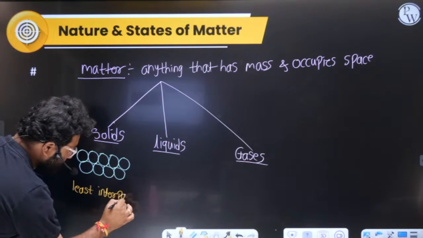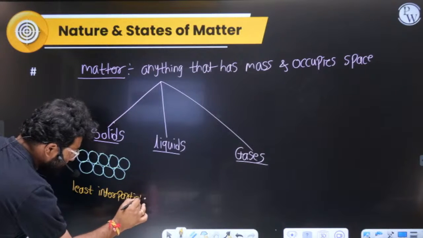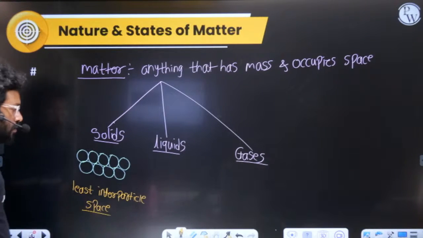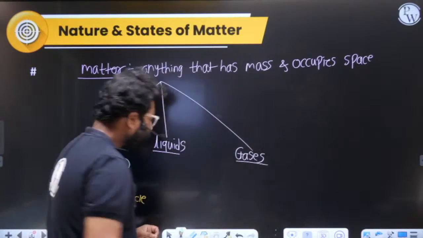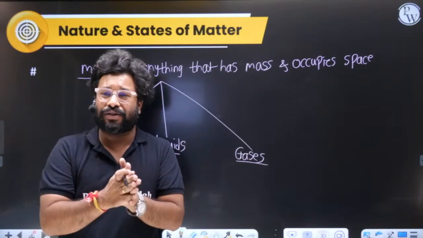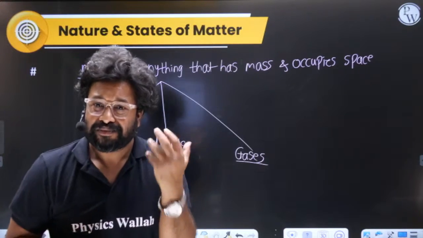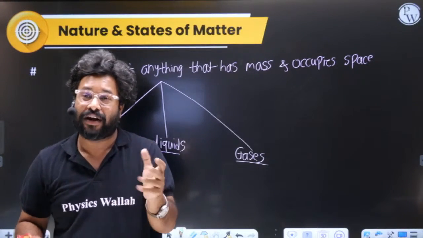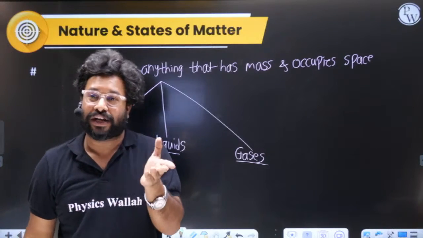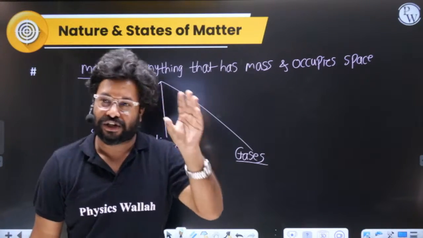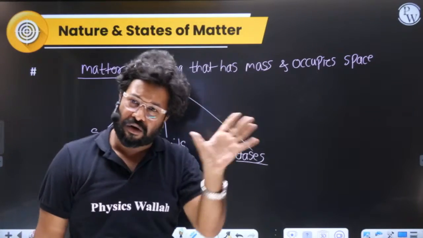I would rather say not intermolecular, interparticle space. Yes, beta Santosh, that's the thing which we have learned in 9th and 10th standard as well. Solids have definite shape, size and volume.